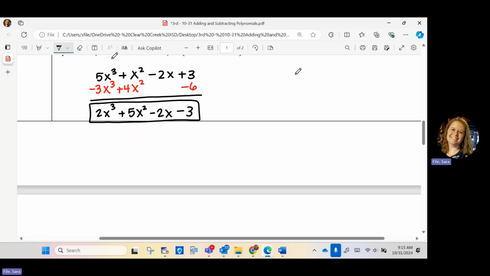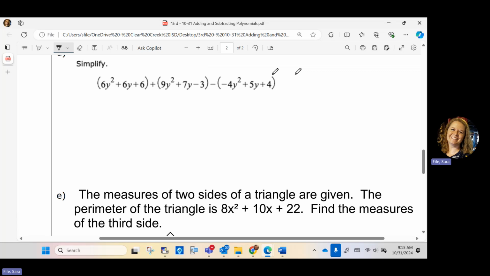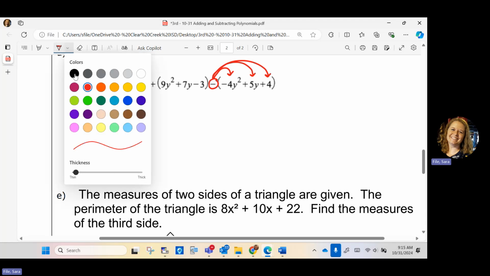All right, sometimes it can be more complex. Here on the back, you've got 3 terms that we're combining. We've got the first one plus the second one minus the third one. So that minus has to be distributed to that last trinomial. So all of those signs are going to change.